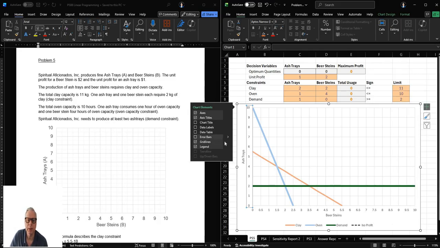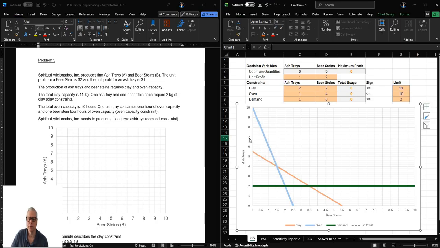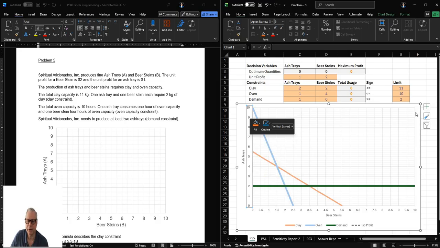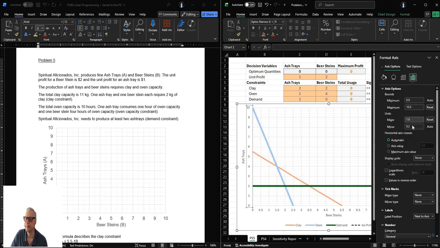To maybe the grid lines, minor, okay. So now we have here minor 0.2. So we want to change the minor tick marks not to 0.2 but to 0.5, and then it should look nice. So 0.5. Okay, so that's it.